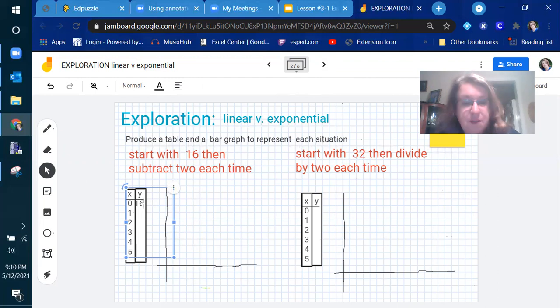And my rule is that I'm going to subtract 2 every time. So then I'm going to get 14. Then I'm going to get 12. Keep subtracting 2. That one's 10. Then 8. And then subtract 2 again, I get 6.